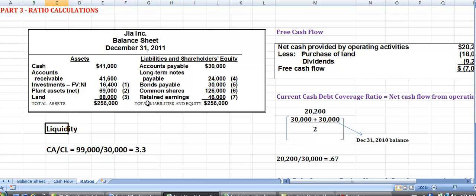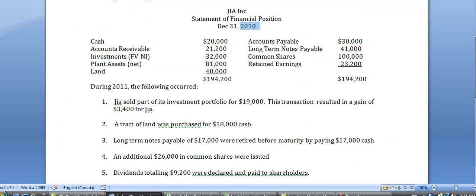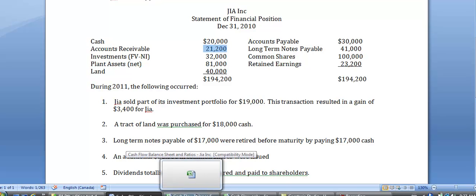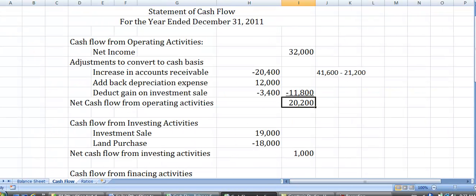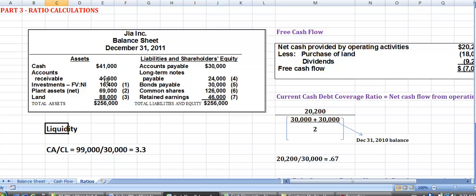If you look at your accounts receivable, you can see how much they've increased. They're 41.6 at the end of 2011. At the end of 2010, they were 21.2. So they've actually gone up 20,400. One of the things you might ask yourself is, how would I collect that extra amount in receivables? Even though your liquidity position is strong, your solvency position is not.